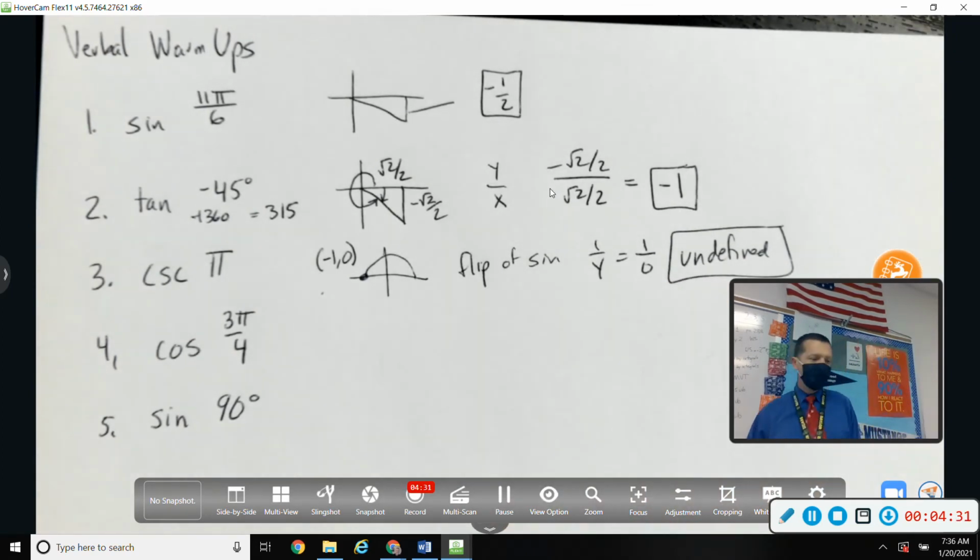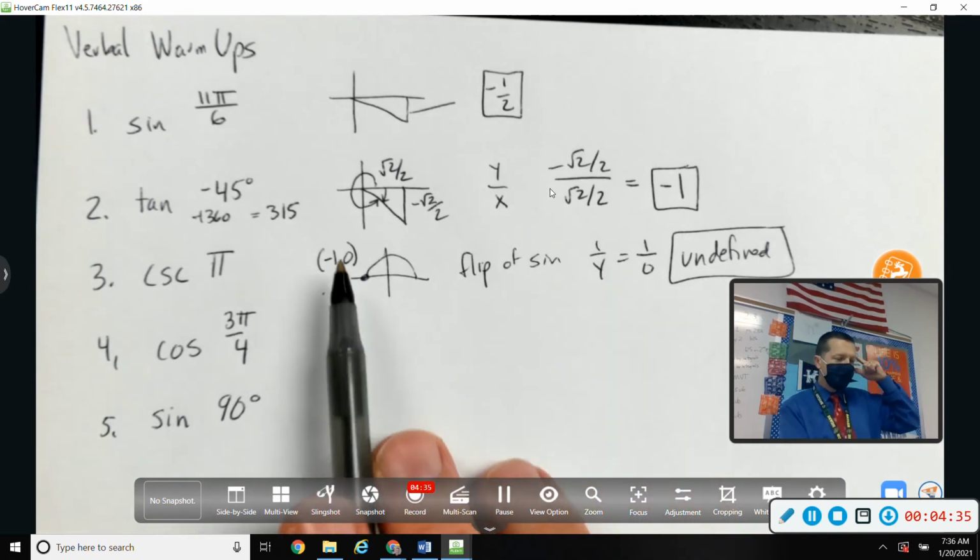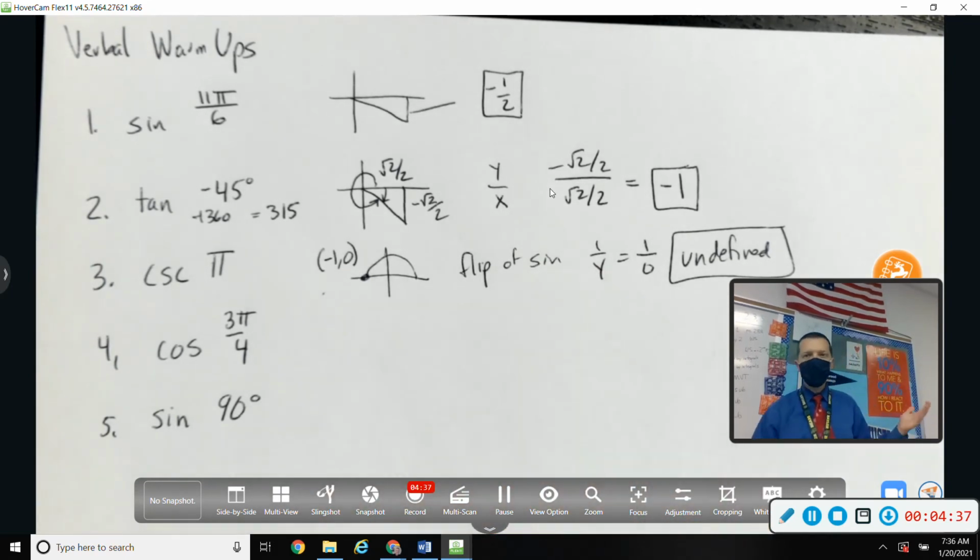That's okay. Some of you may draw the picture and be thinking this in your head, and then you see 1 over 0 and you just write undefined. You don't have to show everything. I do want you to draw the picture every time. Drawing the picture every time is your place to get partial credit. It's like the only place to get partial credit. Or plus and minus. If you miss the sign, that's partial credit too.